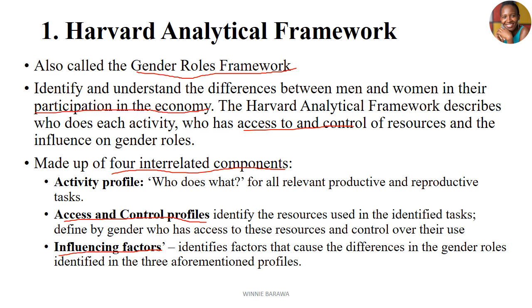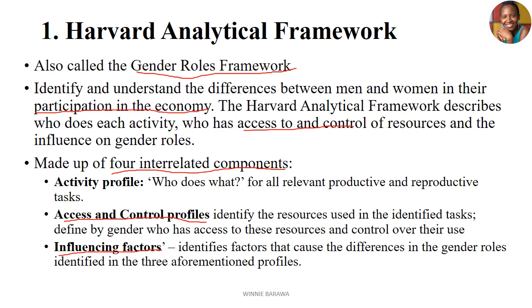So appreciating that what women do is affected by different factors, and what men do can also be affected by different factors. So we are exposing the factors that influence all these components that we've mentioned: activity, control, and access.